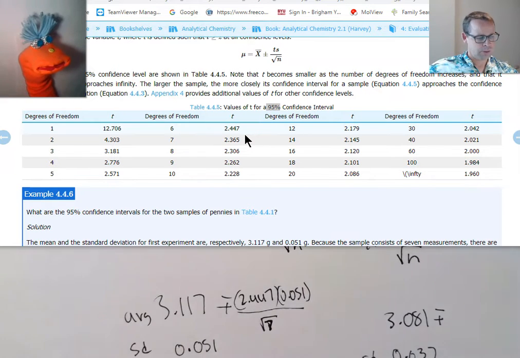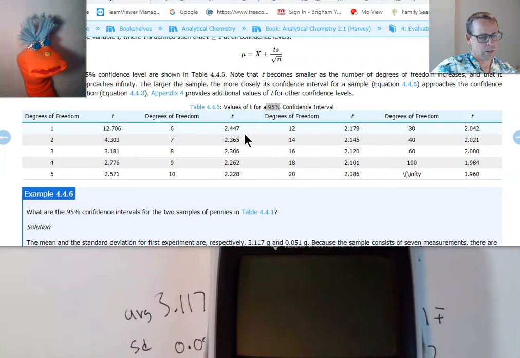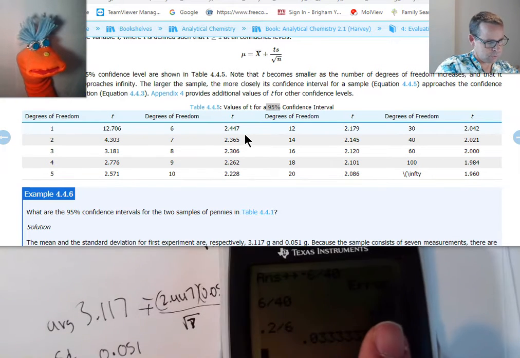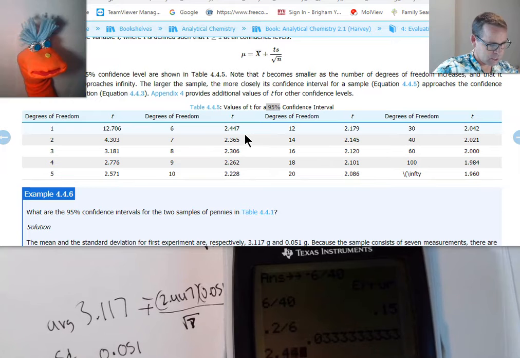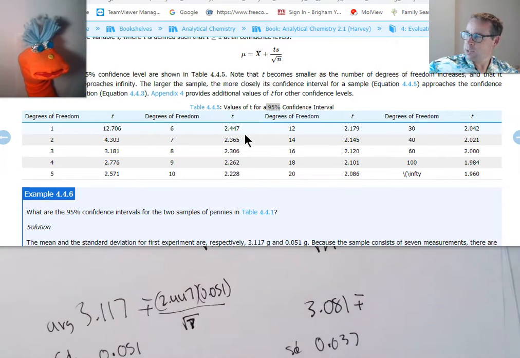What is that value? Let me get out my calculator and give it a shot. 2.447 times 0.051 divided by the square root of 7 is 0.047.